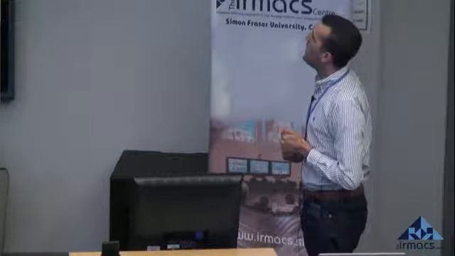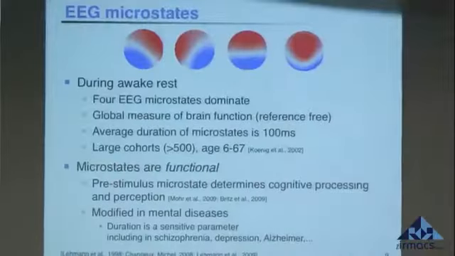Okay, so the fact that we only have 4 EEG microstates has been confirmed over and over again. The biggest study that has been performed was by Thomas Koenig in Bern, where he had a very large cohort, more than 500 subjects, aging from 6 to 67.